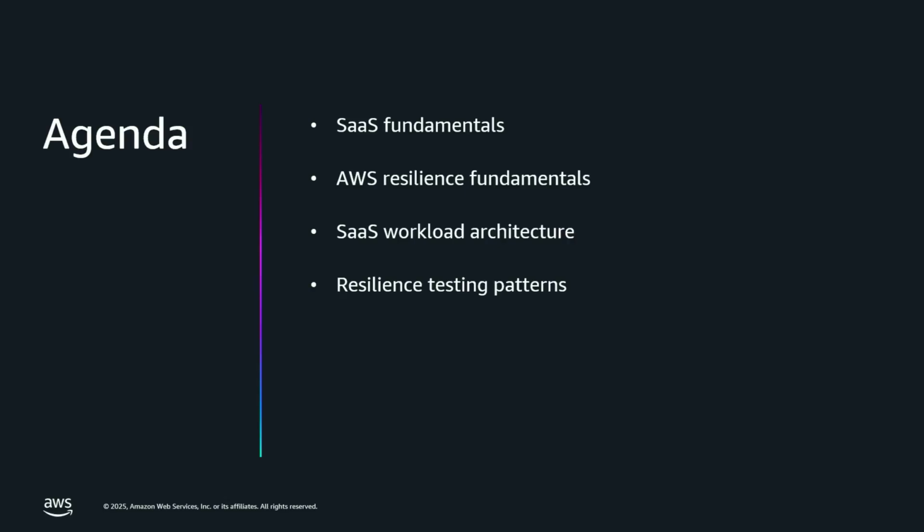Again, the core of today's talk is to showcase multiple resilience testing patterns on how you induce various faults following the AWS best practices and some of the SaaS fundamentals. And then finally, you'll walk away with key learnings on how to adopt multi-account resilience experiments for your own SaaS architectures, irrespective of your current maturity level. And finally, we'll open up the floor for any question and answer sessions.